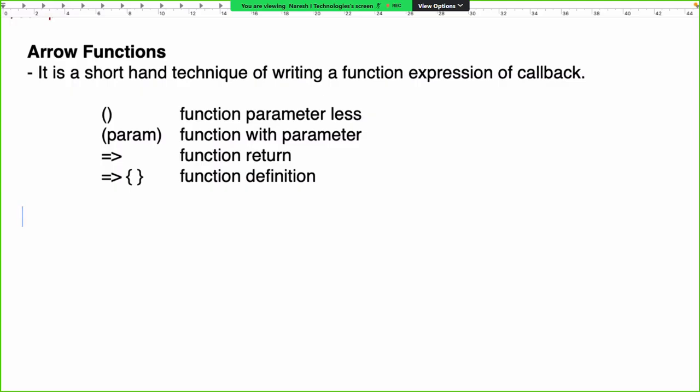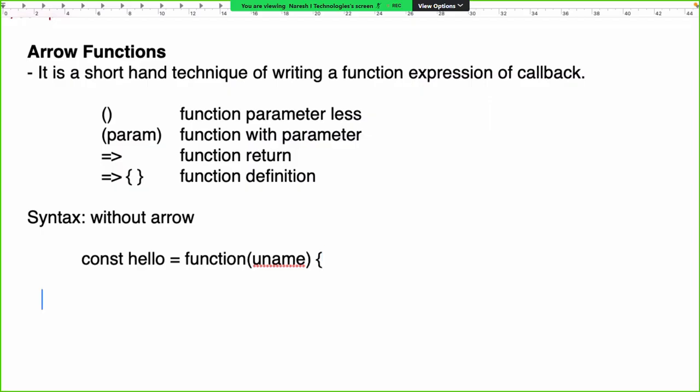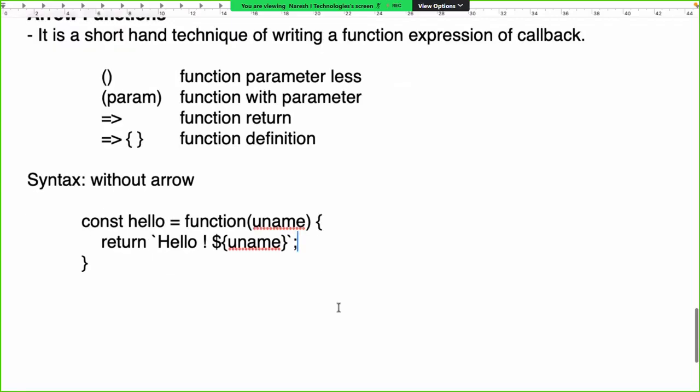For example, generally without arrow, we write hello equal to a function. It will take some uname, that is username, and it will return hello and username. That's how generally we write a function without arrow.